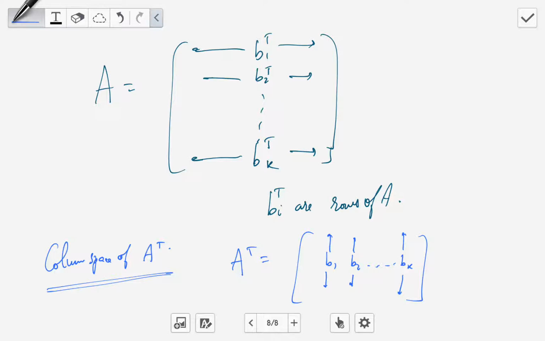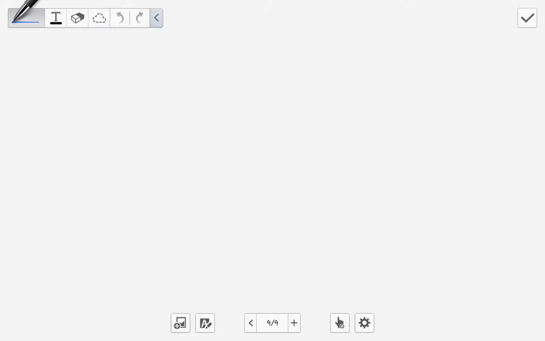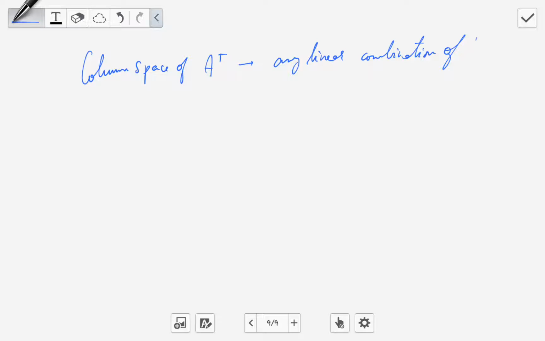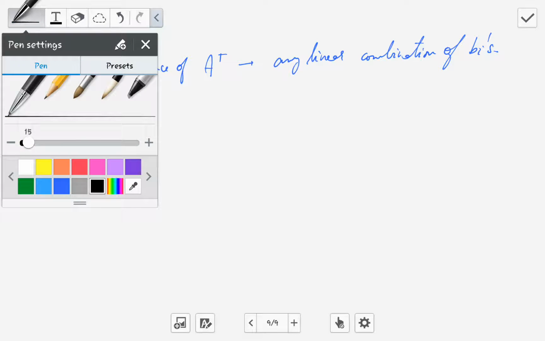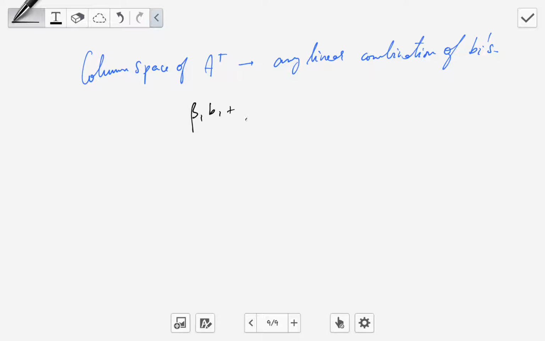So the column space of A transpose will be any linear combination of Bi's, that is beta 1 b1 plus beta 2 b2 plus so on up to beta k bk.